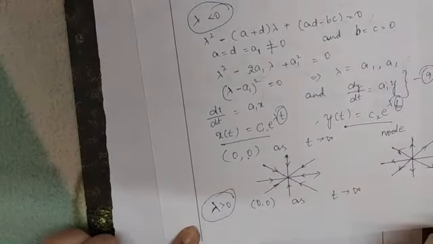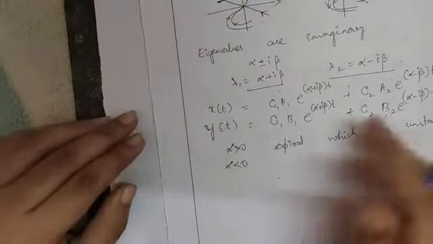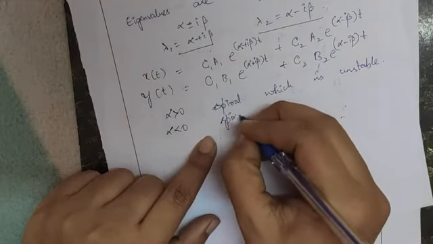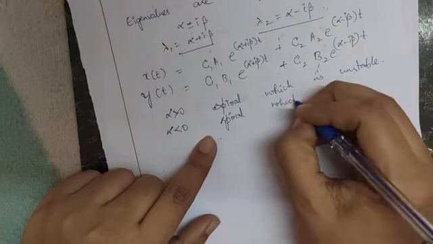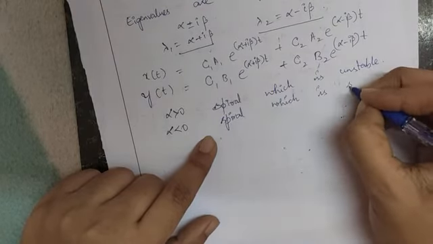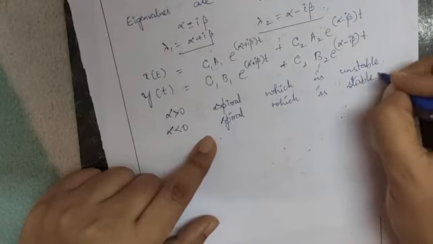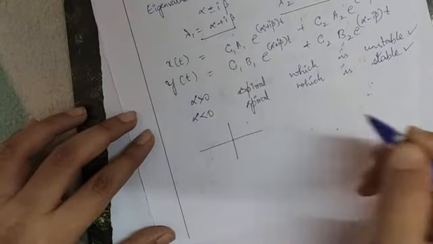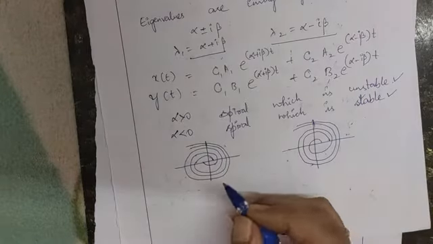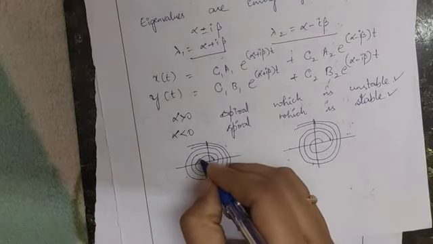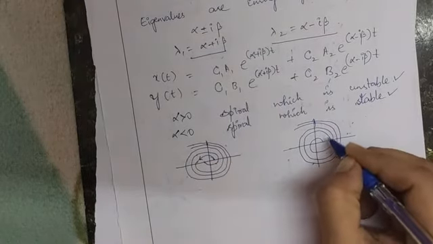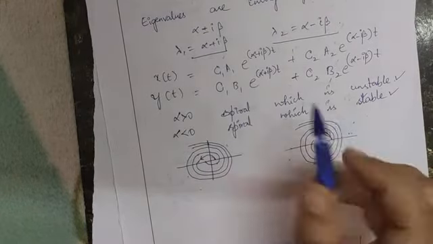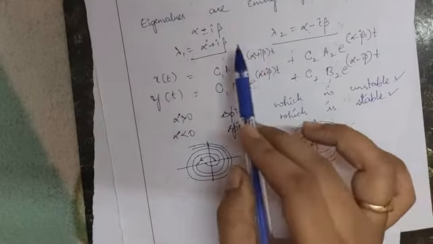So you will get a spiral here also, but one is away from the origin and another one is moving towards the origin. So you will get stable as well as unstable. So pictorially I can represent that as this. Okay, if it is unstable, it will be away from the origin. If it is stable, then it is towards the origin. This is when your alpha is greater than or less than 0.